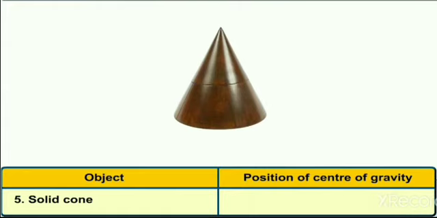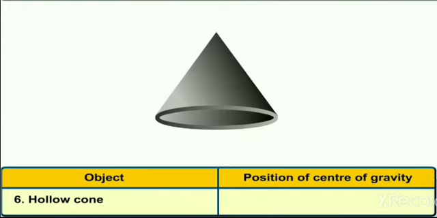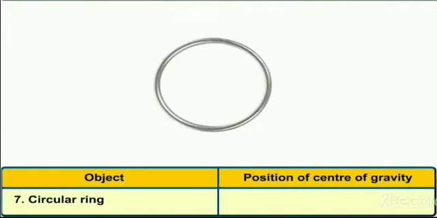5. Solid cone. At a height h by 4 from the base on its axis, if h is equal to height of cone. 6. Hollow cone. At a height h by 3 from the base on its axis, if h is equal to height of cone. 7. Circular ring.